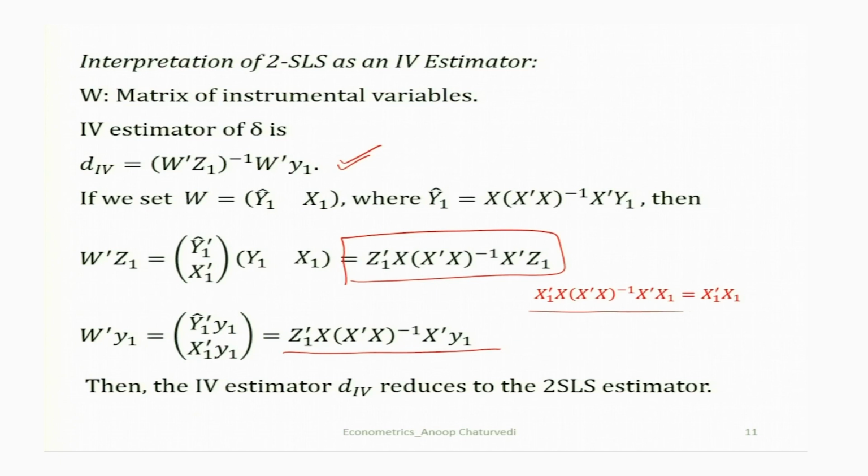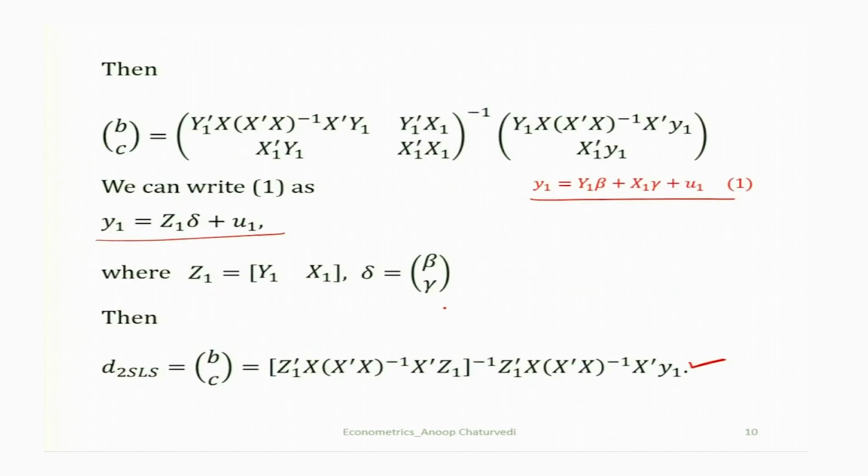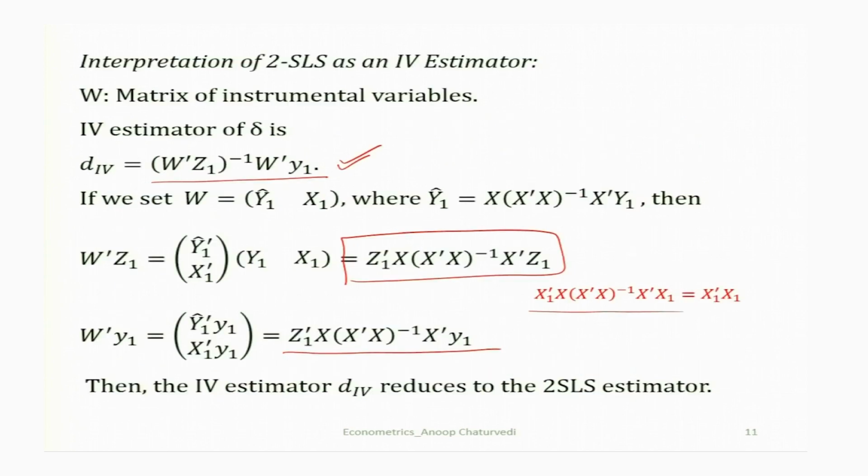For W equal to Y1 hat, X1, you can easily verify that the instrumental variable estimator is the 2-stage least square estimator, because you just replace W transpose Z1 by this expression and W transpose small y1 by this expression. You get this expression for the 2-stage least square estimator. So, for this particular choice of capital W, the matrix of instrumental variables, you get the 2-stage least square estimator.